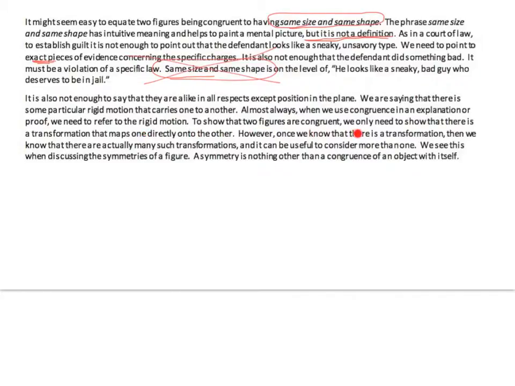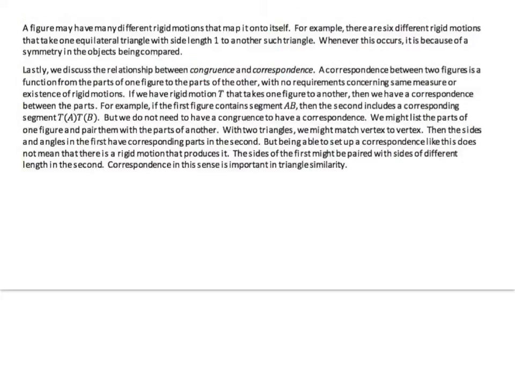However, once we know that there is a transformation, then we know that there are exactly many transformations, and it can be useful to consider more than one. We see this when discussing the symmetries of a figure. A symmetry is nothing other than congruence of an object with itself. A figure may have many different rigid motions that map it onto itself.